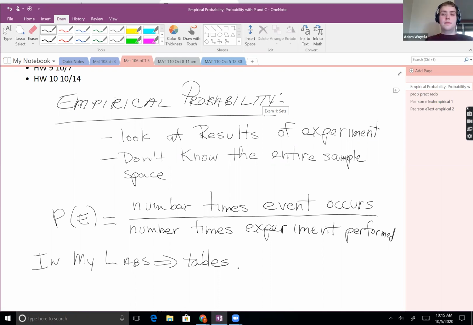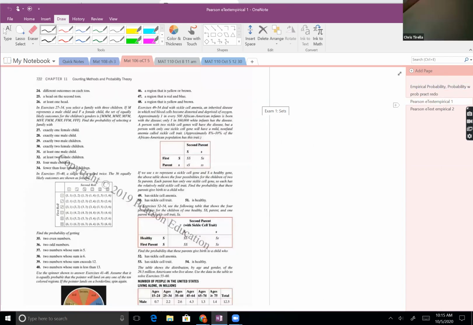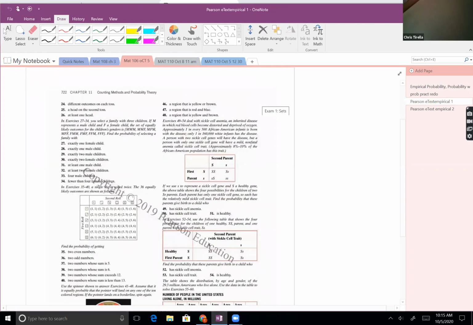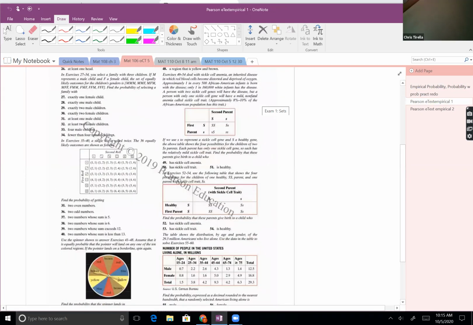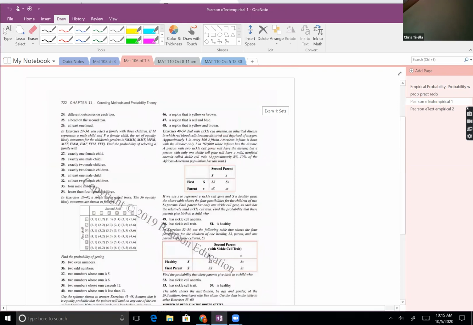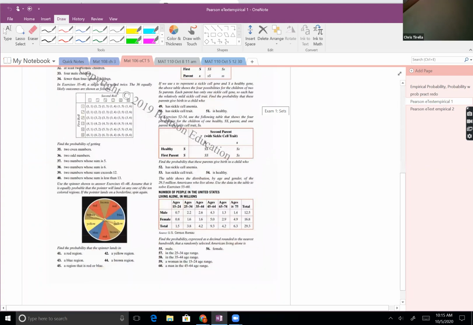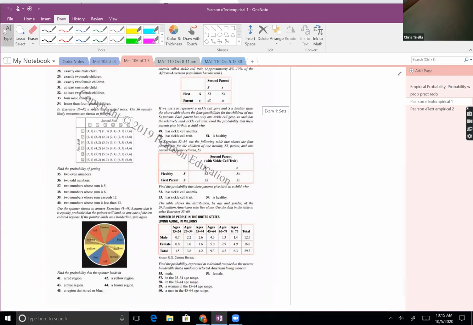Good. Okay. So first page from the virtual textbook. In the textbook, if anybody has it, I'm on page 722. And we had looked at theoretical probability. Did anybody want to do more examples of that, of the homework, before we look at empirical probability?